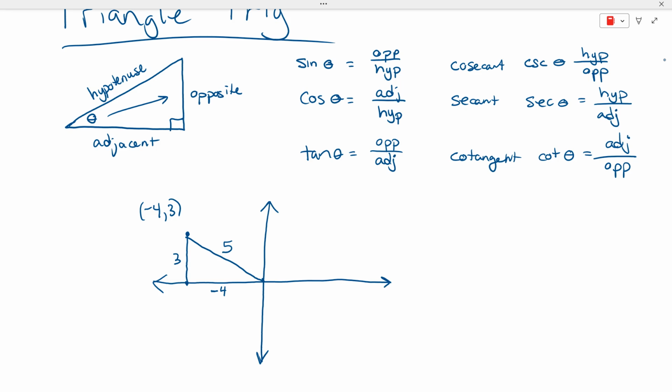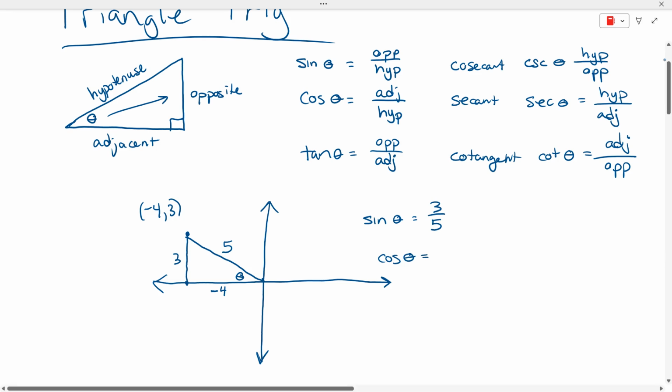So if theta is always by the origin, okay? So the sine of this triangle function for the angle is opposite. What's my opposite of that angle? 3. The hypotenuse is 5. The cosine of theta is negative 4.